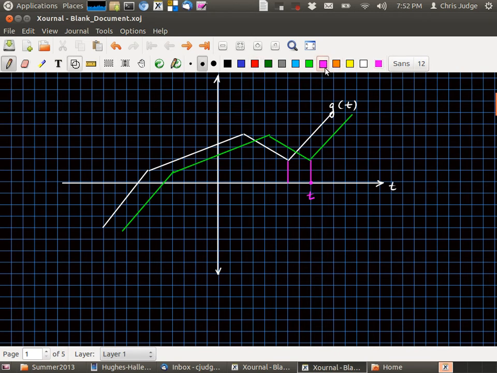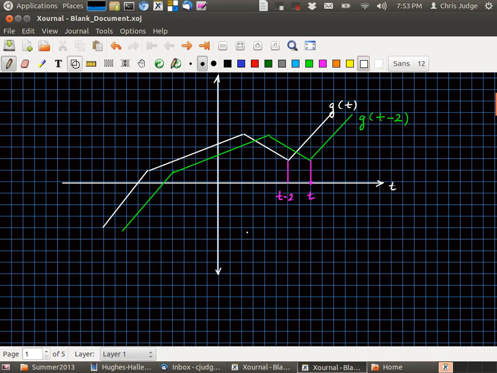So that height corresponds to the value of g at t minus 2. So this value is actually the same as g of t minus 2. So in fact, the green graph is the graph of g of t minus 2. Okay, you can do the same argument at every point, get the same consequence that g of t minus 2, its graph is exactly this green function.